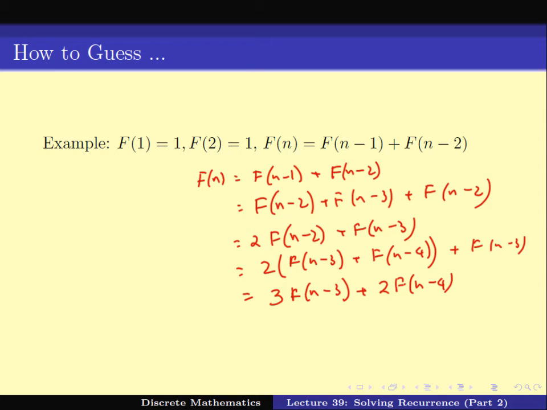And of course you can keep on doing it, but as you can see, I can write down the next step directly, and this will become something like 5 Fn minus 4 plus 3 Fn minus 5. There is particularly no pattern coming out in this recurrence relation.